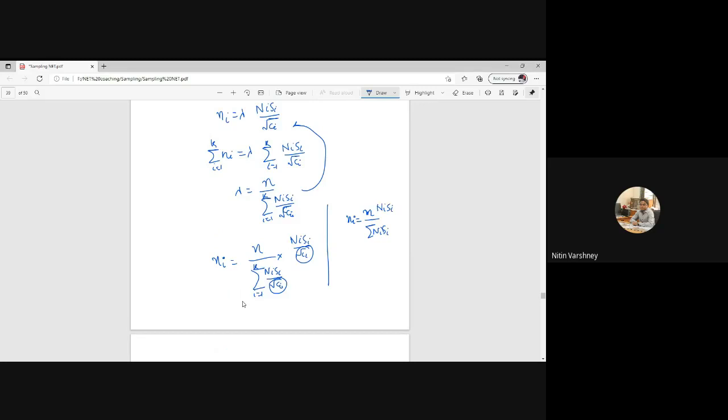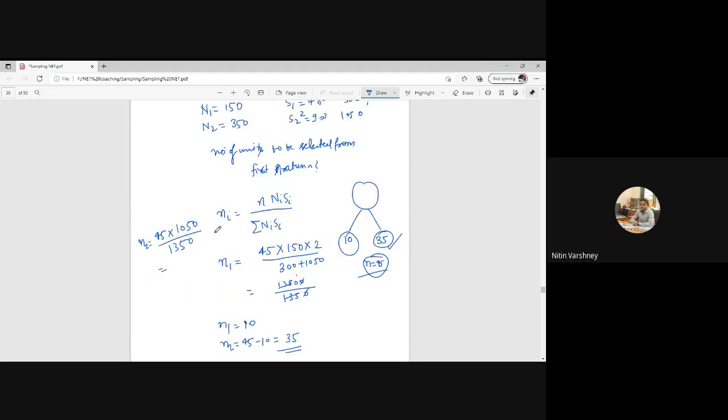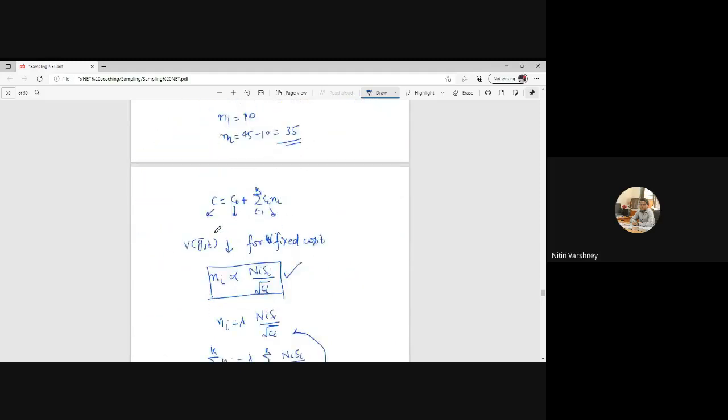So if you divide by under root Ci, you will get this ni in the case of fixed cost. We have to minimize the variance for fixed cost, so this is our case. That's, I think, the third case.